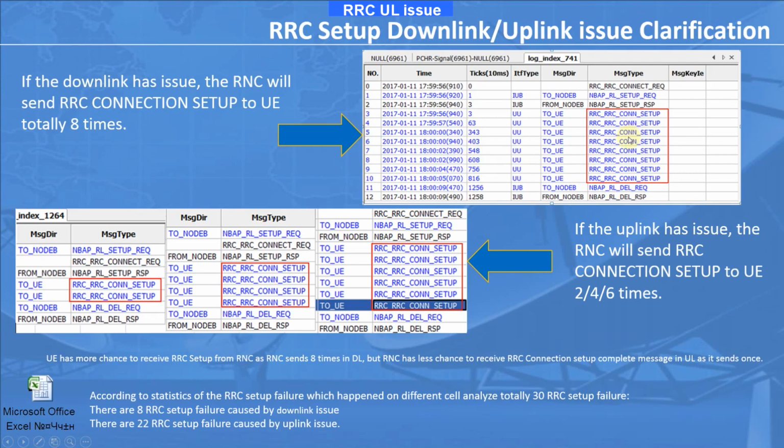But the RNC has less chance to receive the RRC connection setup complete message in uplink as it is sent only once. According to statistics, we found that mostly we have an issue in uplink because the RRC connection setup complete message is sent only once.